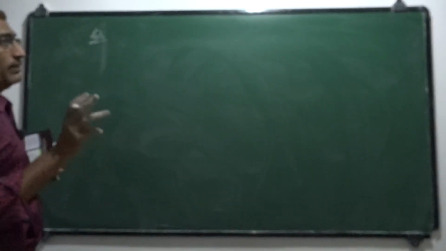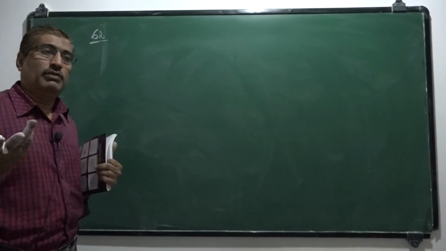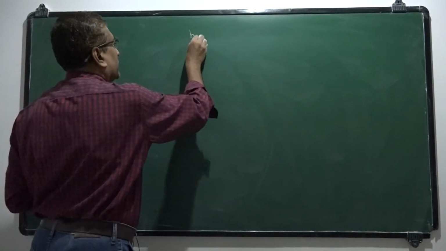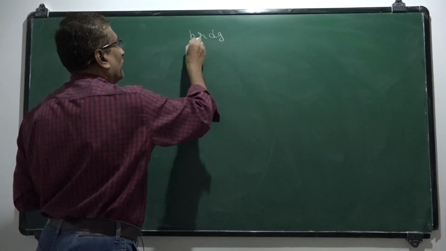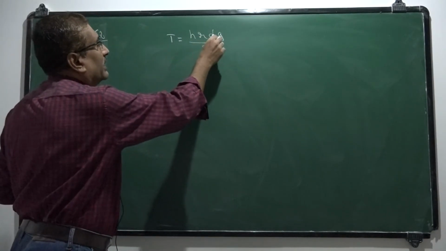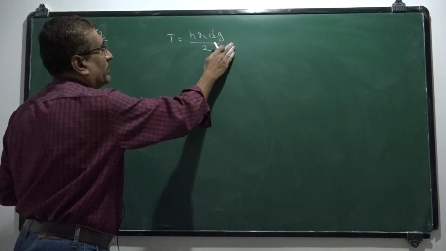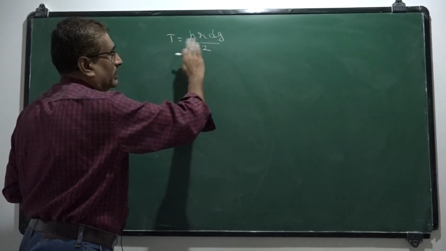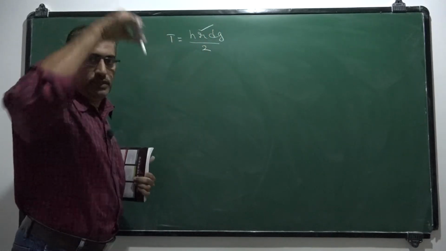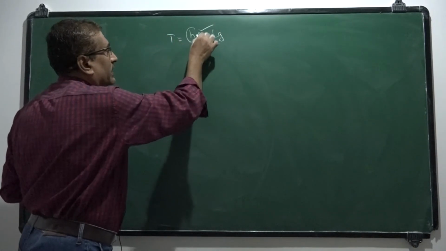So, one thing you have to remember while solving these capillary tube problems. Here h r d g by 2 is equal to T. If the liquid is not changed, but we change the radius of the capillary bore, then automatically this h also changes.